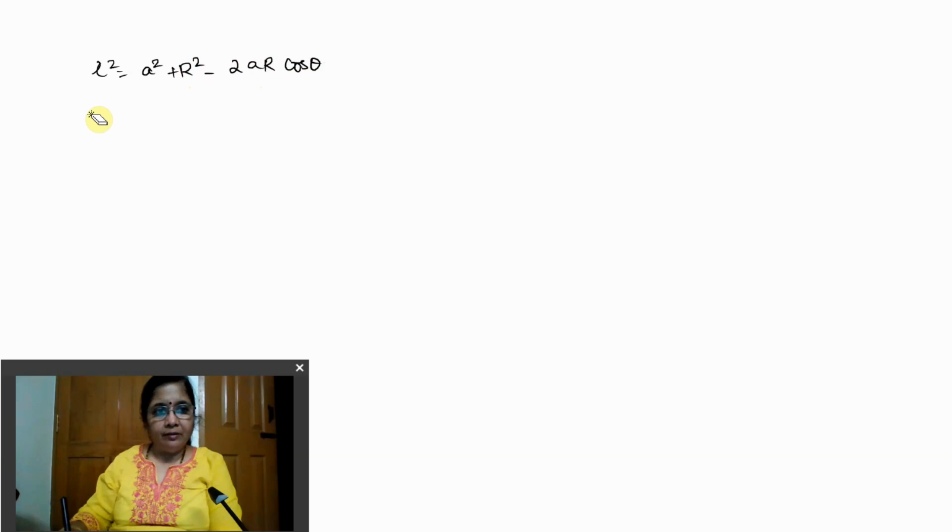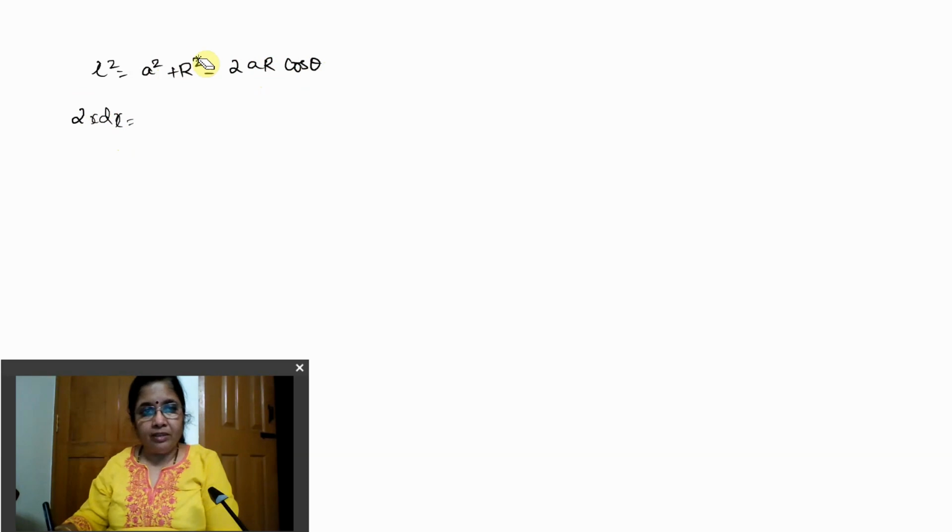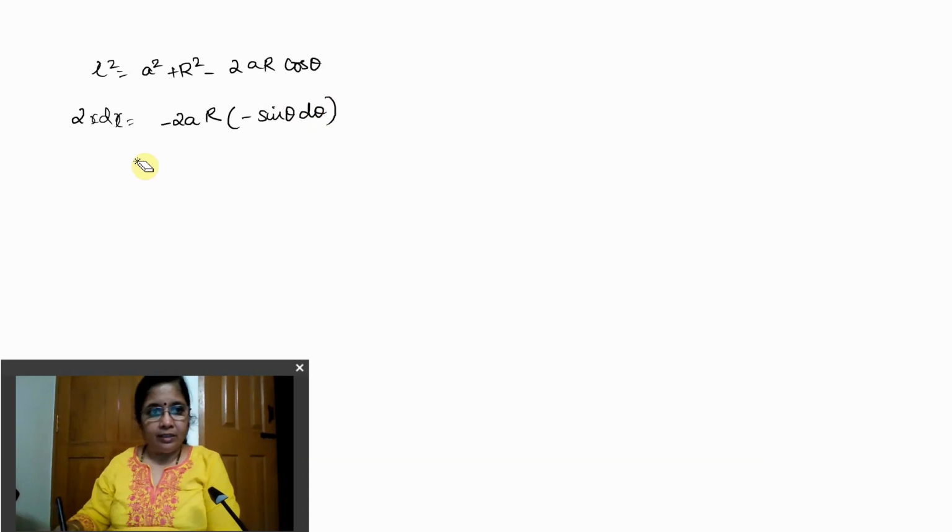Let me differentiate this. So what will I get? 2x dx is equal to, since a is a constant and R is a constant, both these when differentiated evaluate to be 0. So I will have minus 2aR into minus sine theta d theta.